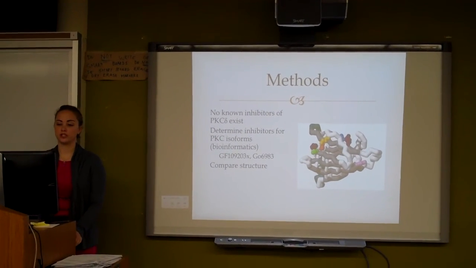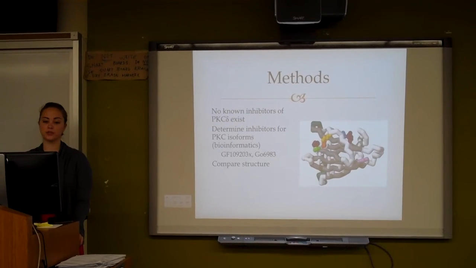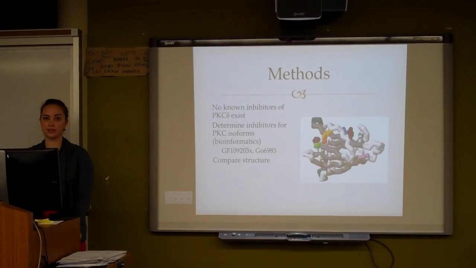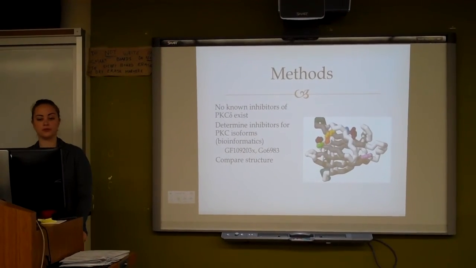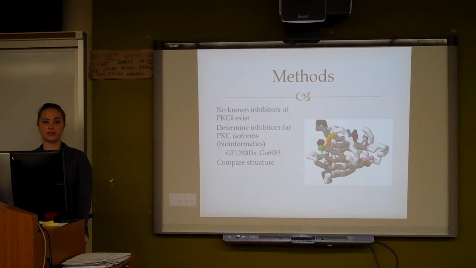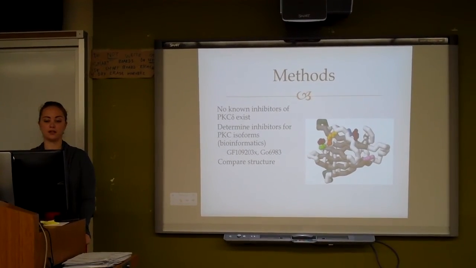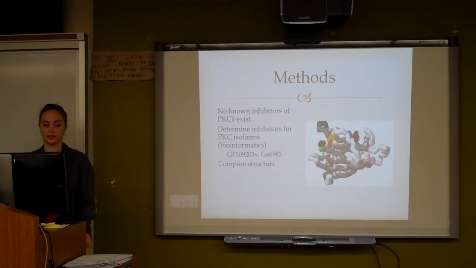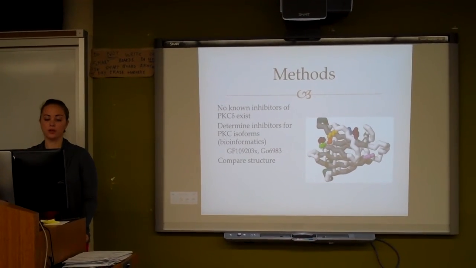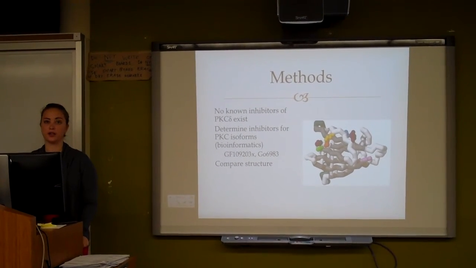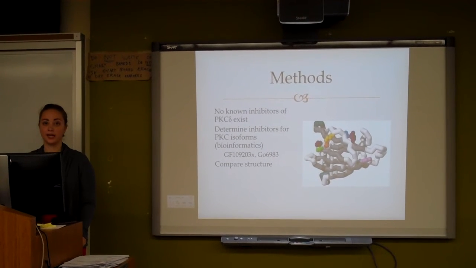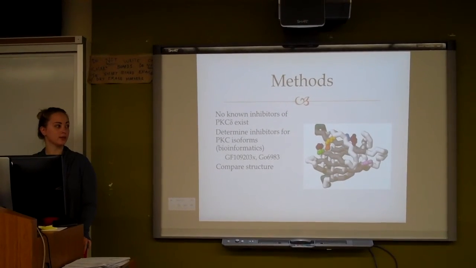I want to compare the structures of the different isoforms of protein kinases because there is no known inhibitor of PKC delta. I'm going to need inhibitors from other PKC isoforms, and comparing the structures will allow me to determine whether or not binding can occur, because I'm going to be comparing the amino acid sequence.